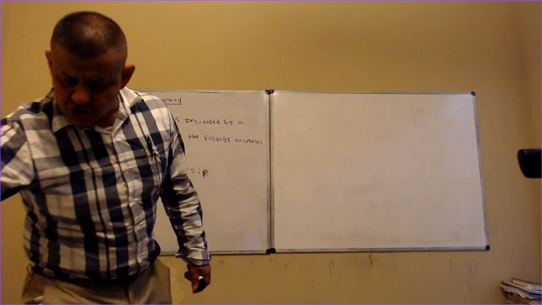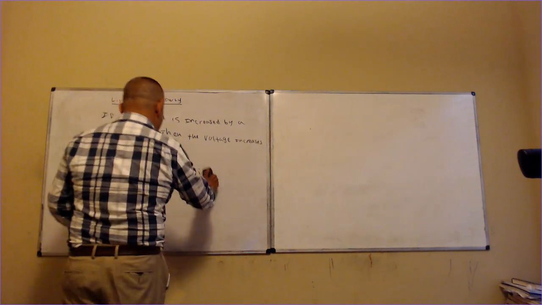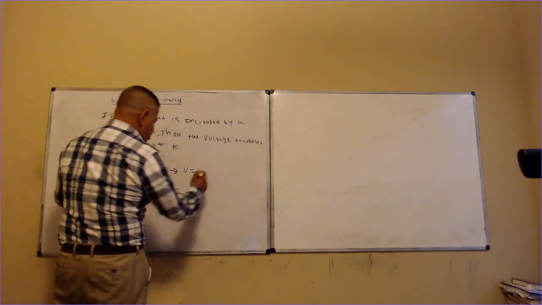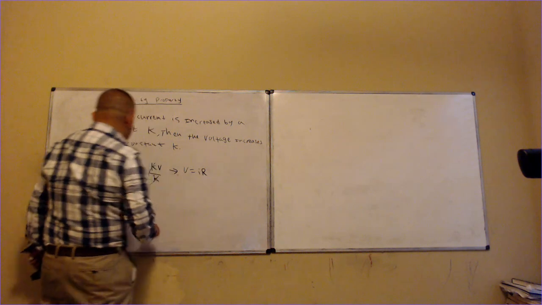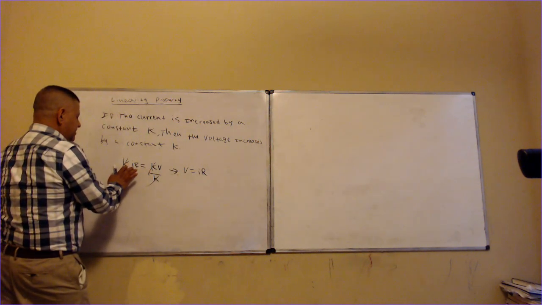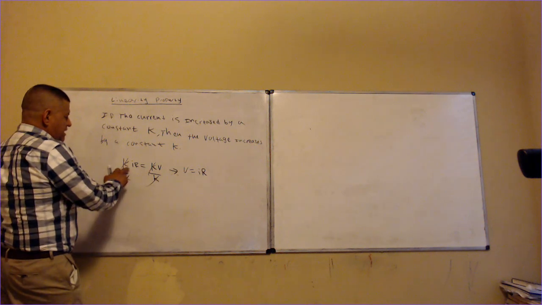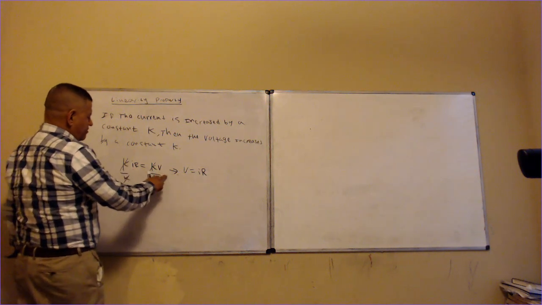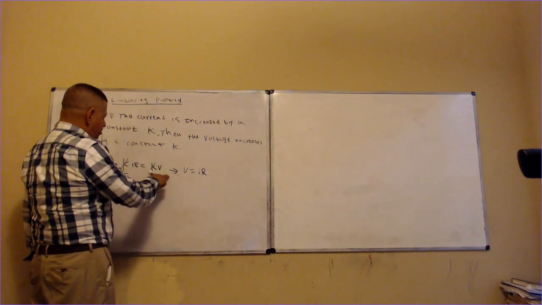In other words, if current increases on both sides, then the voltage increases, right? Now let's say you divide this guy by R on both sides, then you get the current.